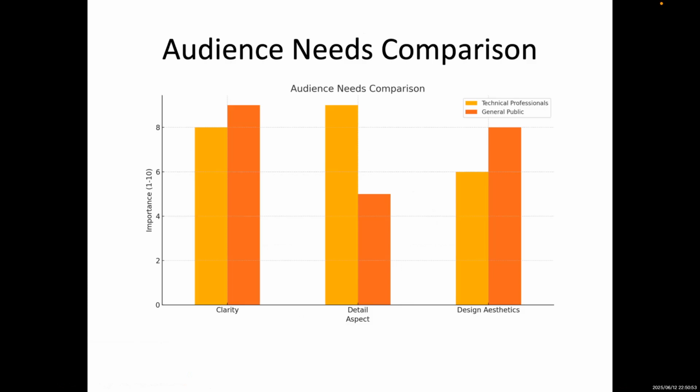As you can see, both groups want clarity, but professionals care more about detail and precision, while the general public prefers a visually appealing and simple layout. Why is it important? Because an infographic designed for engineers should not look the same as one for high school students.